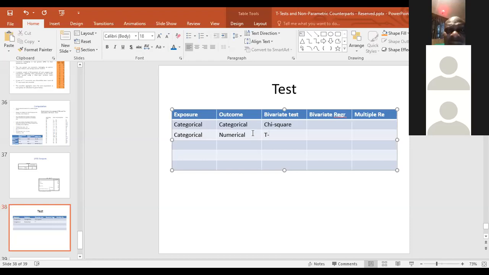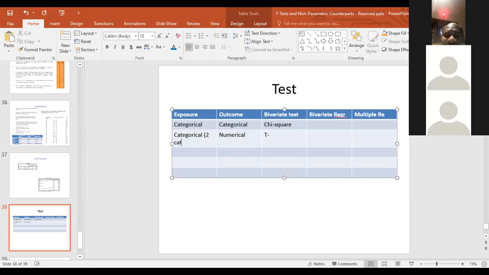If there are two categories, when you have two categories, it is t-test. What type of t-test? Independent? Well, don't worry, there are two means.